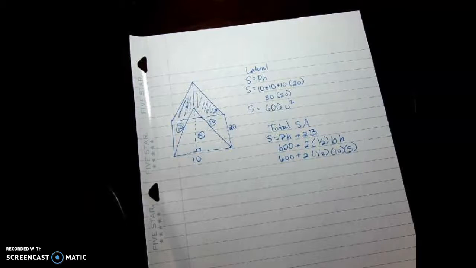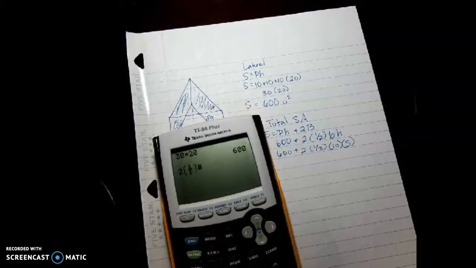So 2 times 1/2 times 10 times 5, which is 50.